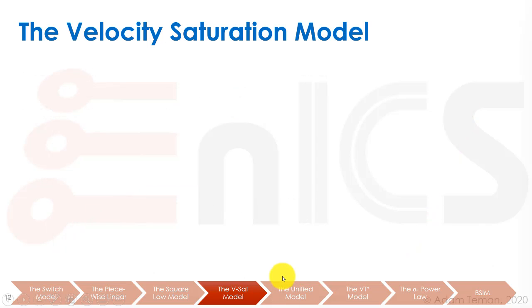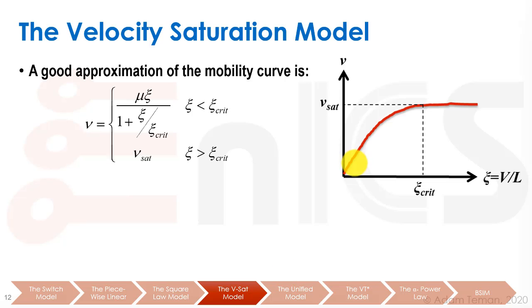That brings us to the VSAT, or velocity saturation model. We want to approximate this curve. The velocity is VSAT once we're over the critical field, but under that we have this curvature, which is the mobility times the field divided by 1 plus the field divided by the critical field.